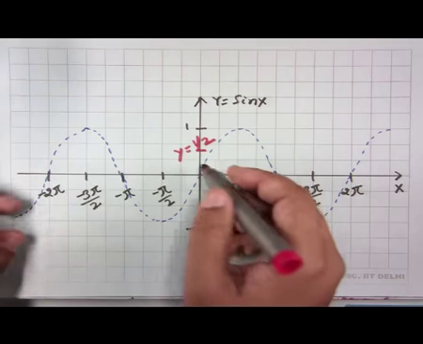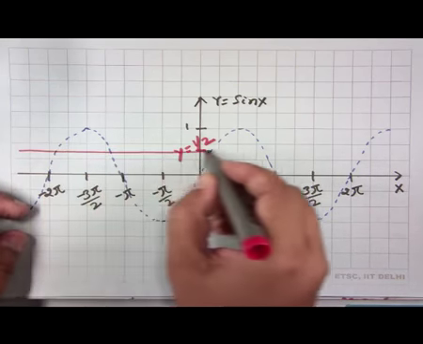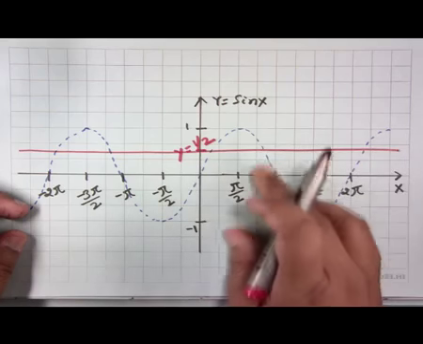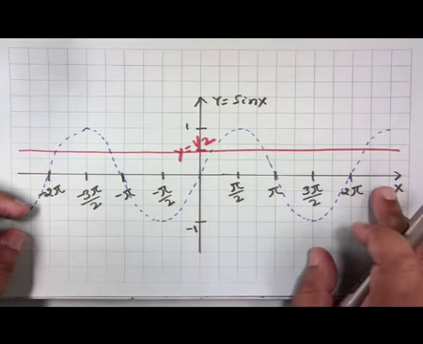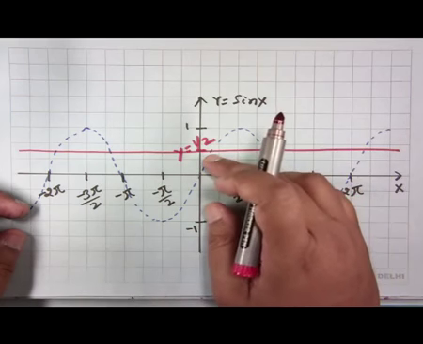So, we draw a horizontal line which is parallel to the x axis and which is at a displacement of half on the positive side on the y axis.